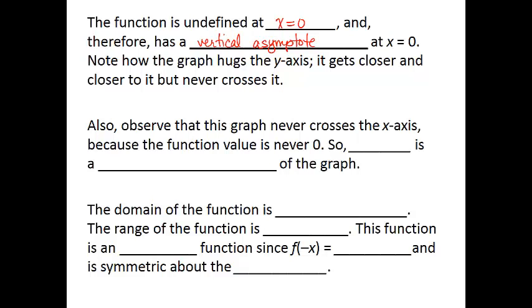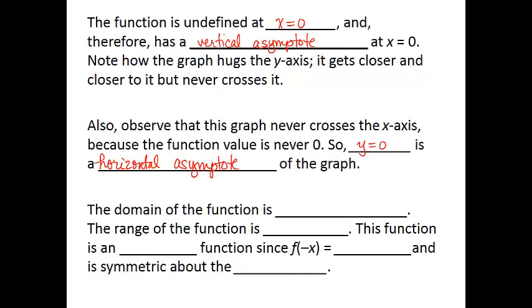It gets closer and closer to it, but never crosses it. Also observe that this graph never crosses the x-axis because the function value is never 0. So y equals 0 is a horizontal asymptote of the graph.